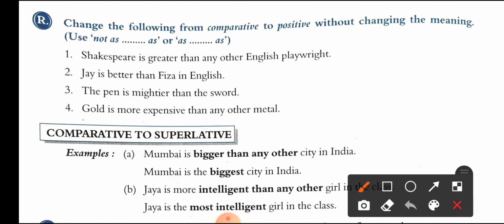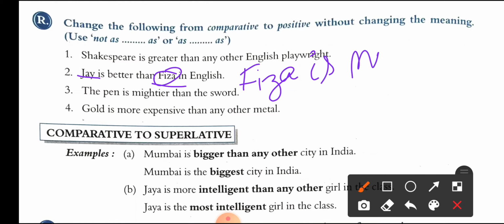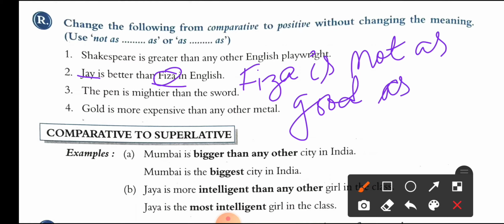Next is, Jia is better than Fiza in English. So Jia and Fiza are being compared here, which means Fiza is not as good. So what will you do? Fiza is not as good as Jia in English.